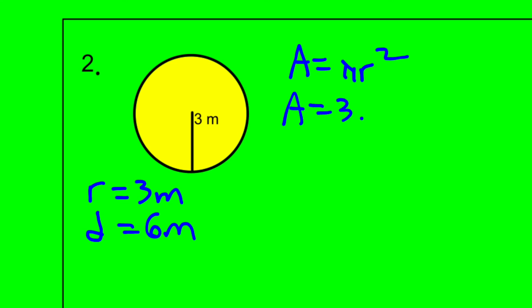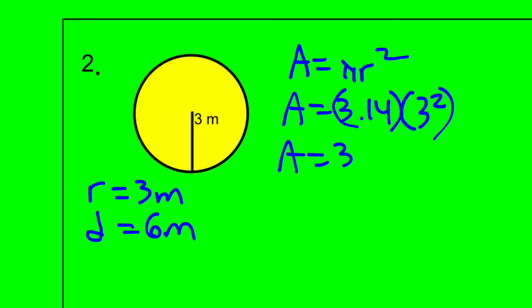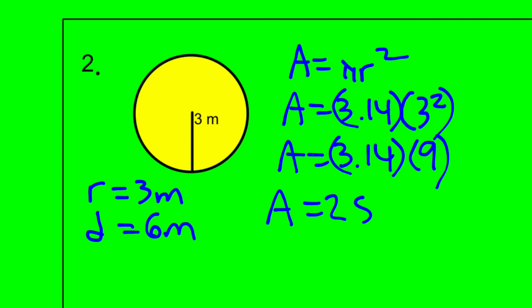Area equals 3.14 multiplied by the radius 3 squared. That's area equals 3.14, we have to do the 3 squared, which is 9. And when we work that out, 3.14 times 9, we get an area for this circle of 28.26 meters squared. That's how you use the area math equation to calculate the area of a circle.